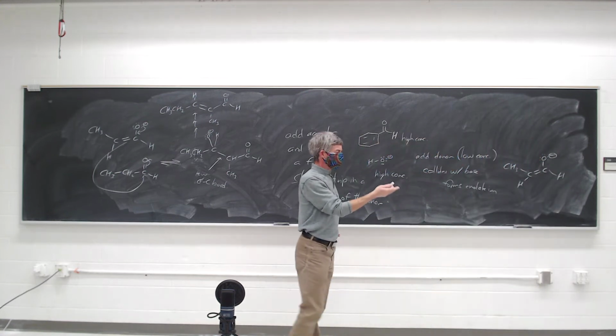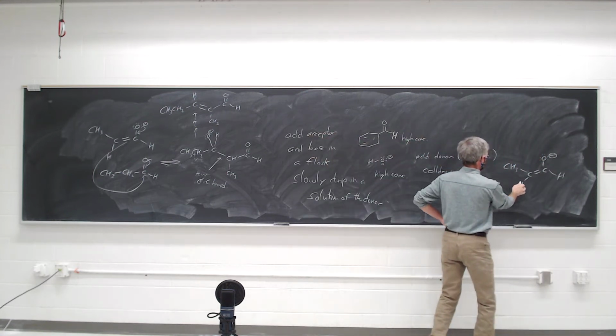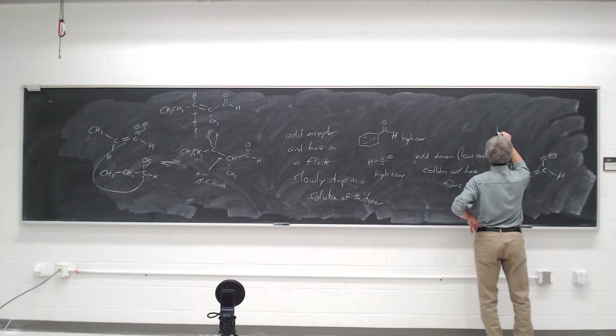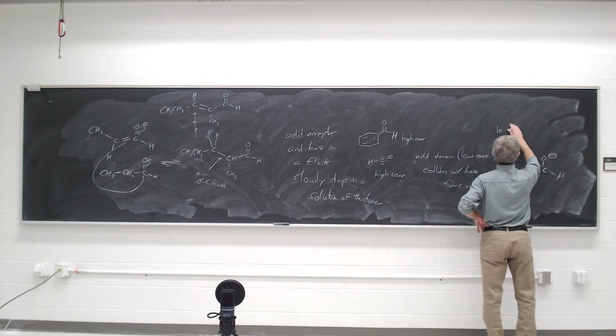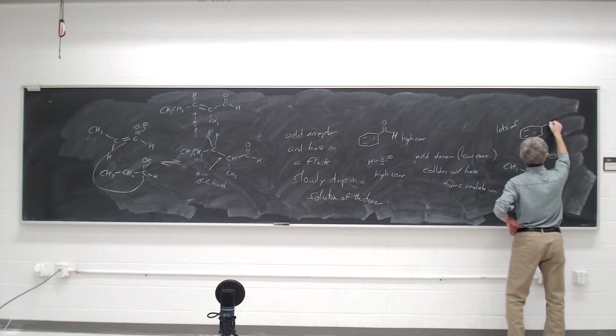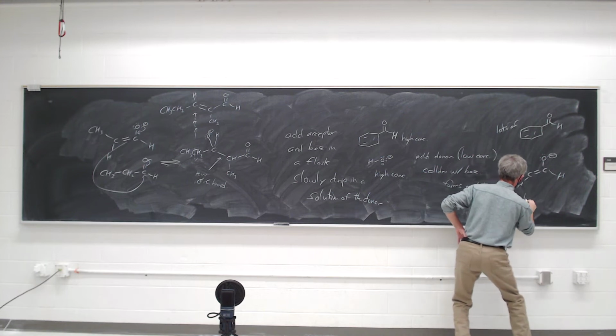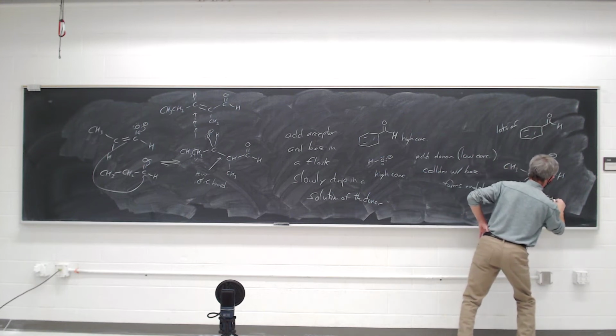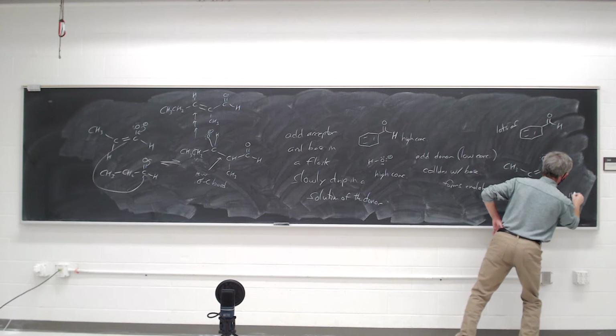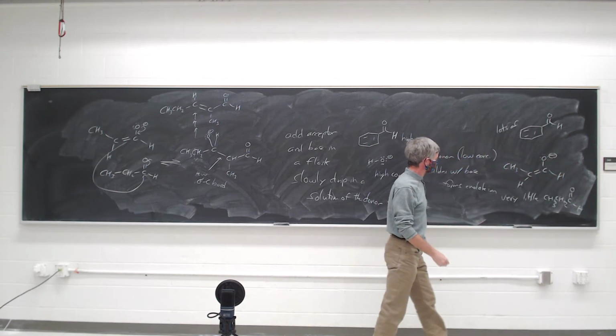And then what you want is you want this to be an environment where there's a lot of the desired acceptor molecule and very little of the molecule that you prefer it not to donate to.